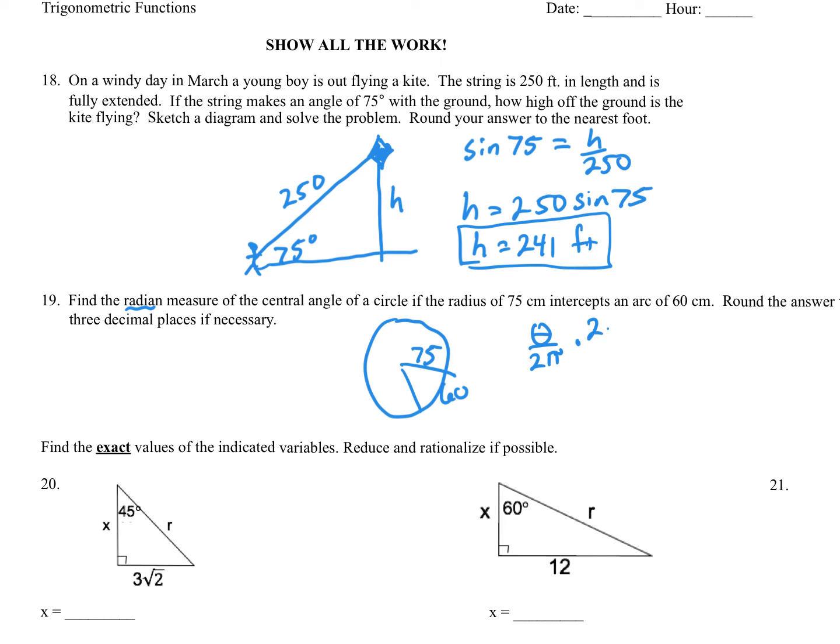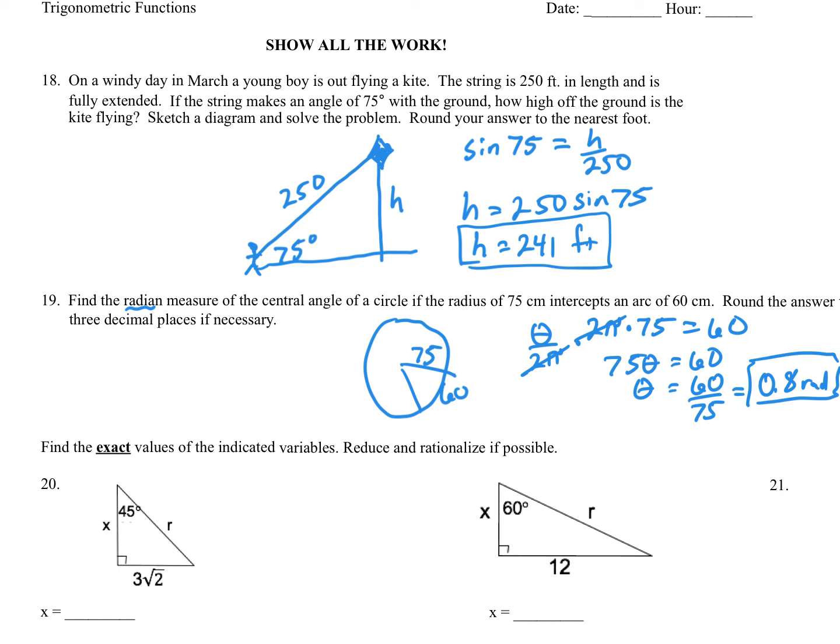So 2 pi r is 75 times 2 pi, and the arc then must equal 60. So now we just have to simplify. These two cancel out. 75 theta equals 60. Theta equals 60 divided by 75, which is 0.8 radians.